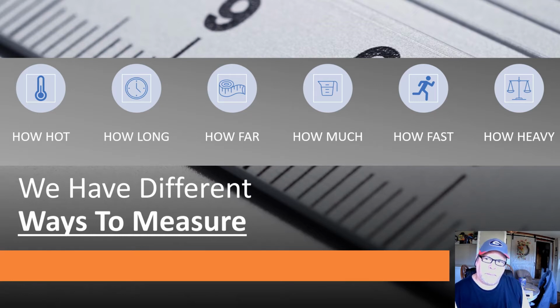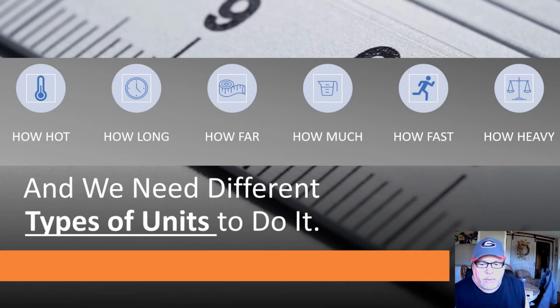It's always distance and time put together. Miles per hour, feet per second, whatever it is. And then how heavy? You can use scales, different types of scale. Okay. We need different types of measurements to do it.